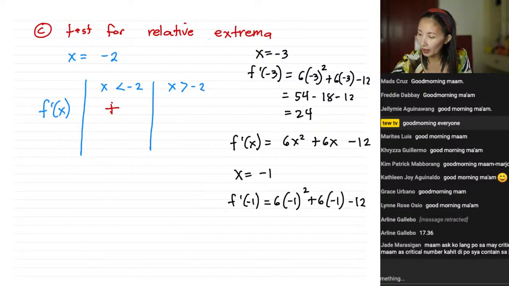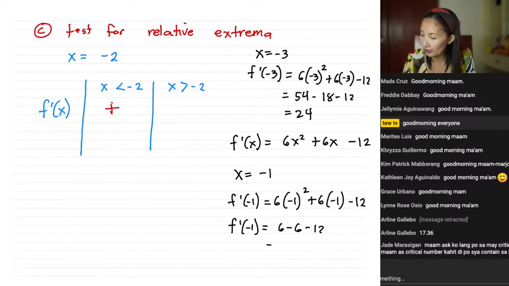Simply evaluate this at negative 1. Let's simplify further. F prime of negative 1 is equal to 6 minus 12, which is negative 12.